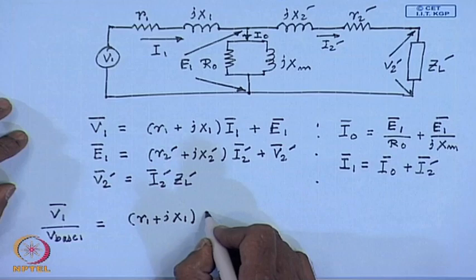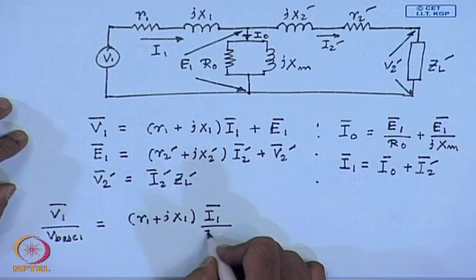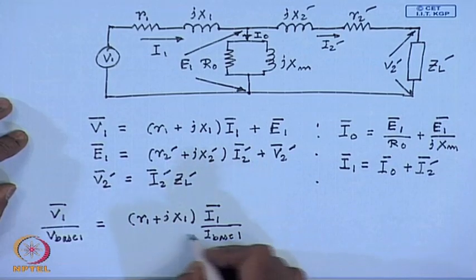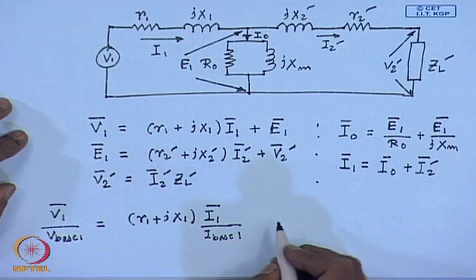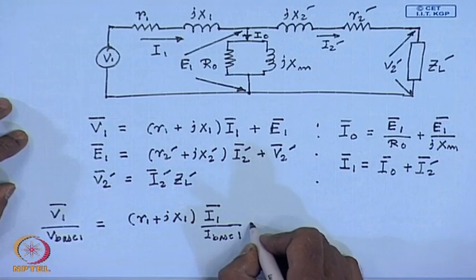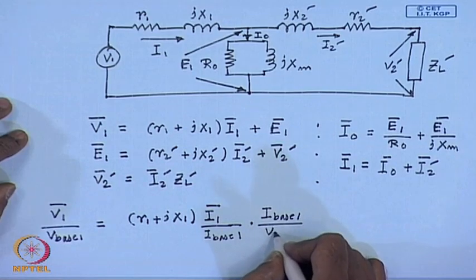Let us also divide I 1 by I base 1, and since we do that, also multiply by I base 1 divided by V base 1.